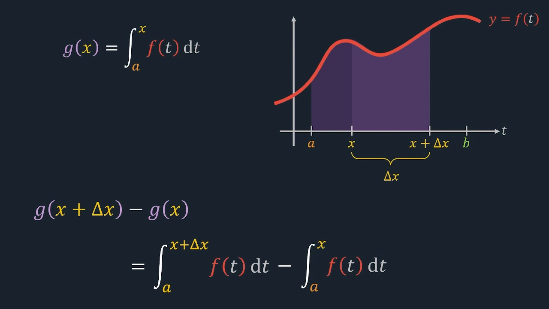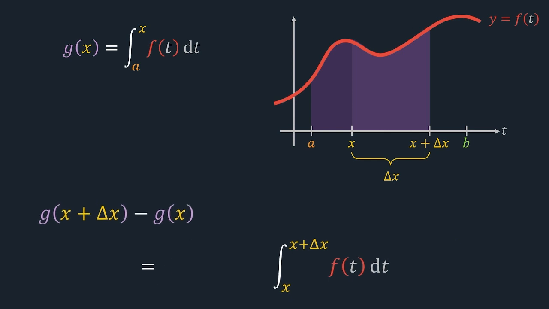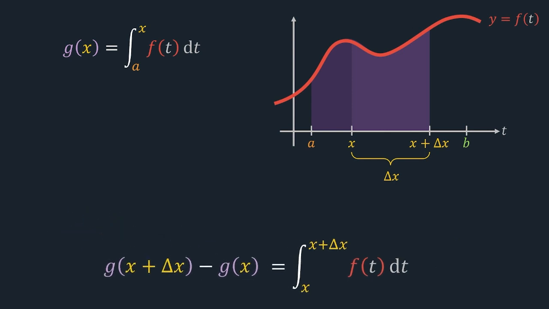And then we'll rewrite the first of those integrals, which goes from a to x plus delta x, as a sum of 2 integrals. The first one going from a to x, and the second one going from x to x plus delta x. Now we've got 3 integrals, and the first one cancels with the last one, so we're left with the integral from x to x plus delta x.